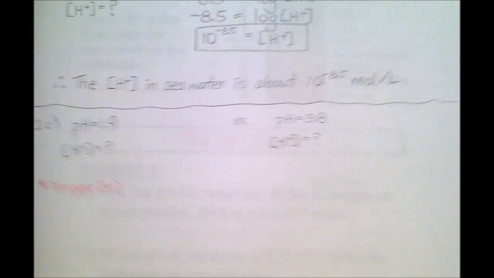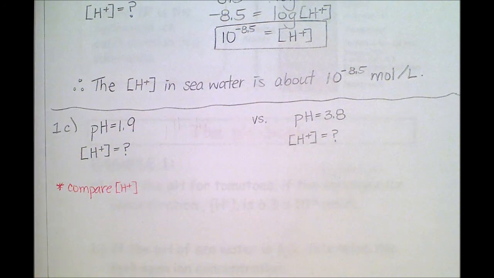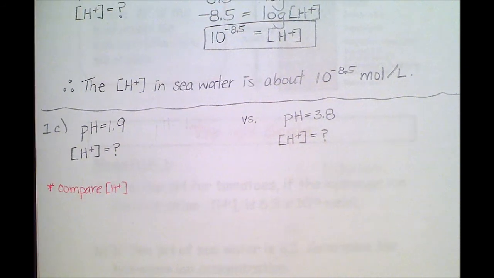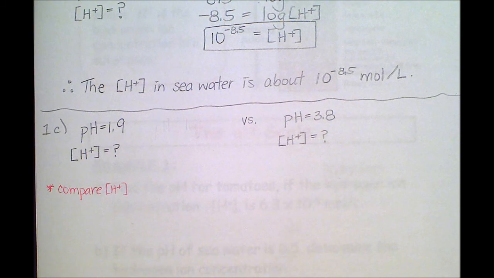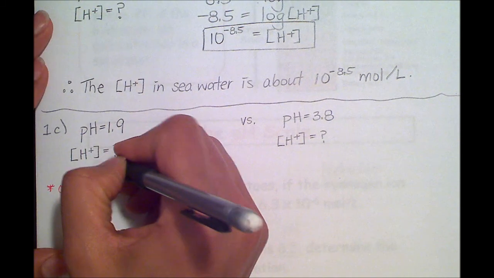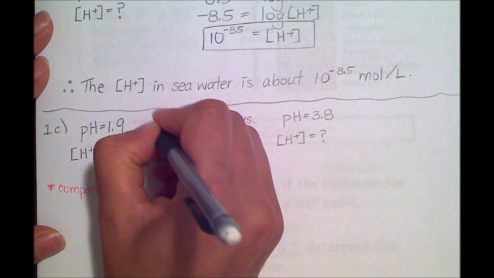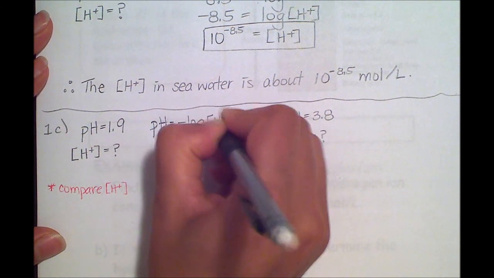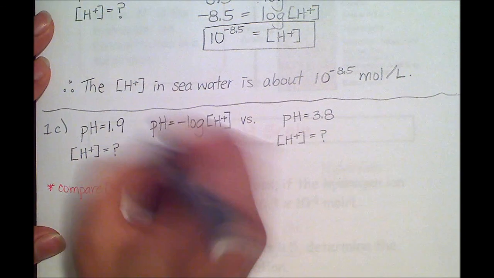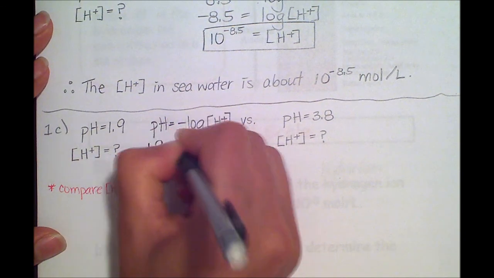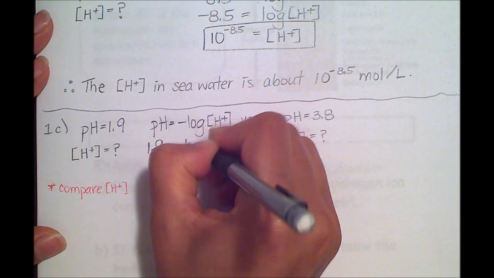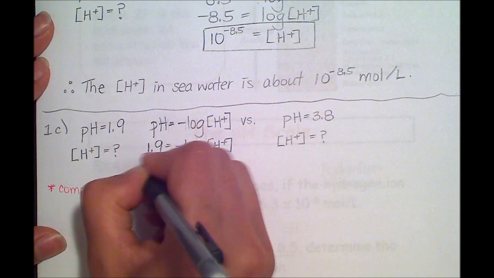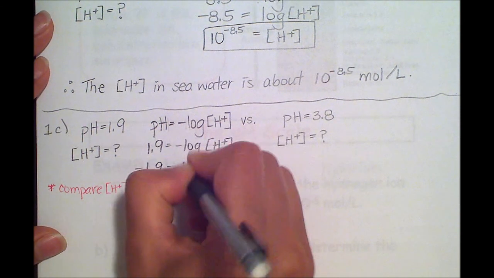So I have an acid with a pH of 1.9, and I have an acid with a pH of 3.8. So I'll figure out the hydronium ion concentration just like I did previously. pH equals negative log of the concentration of the hydronium ion. And so 1.9 equals negative log of the concentration of the hydronium ion, and I'm going to continue to solve for the concentration.